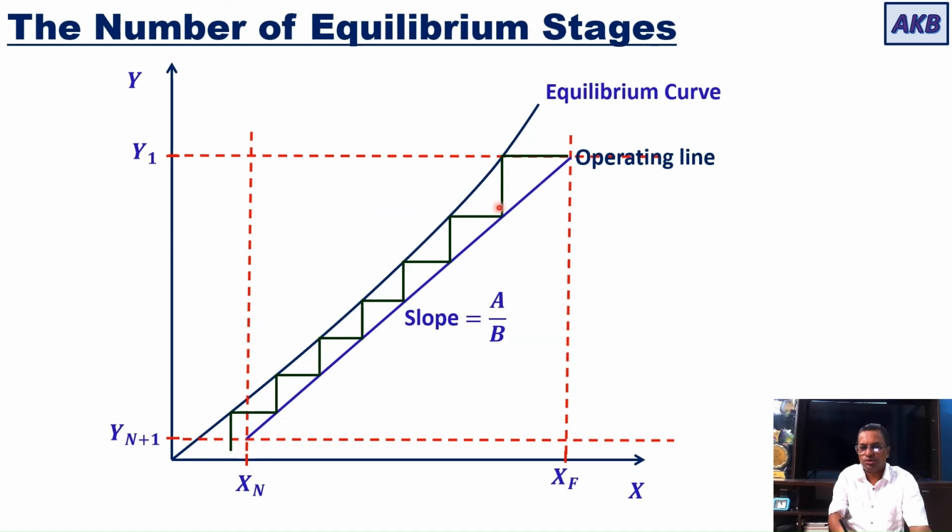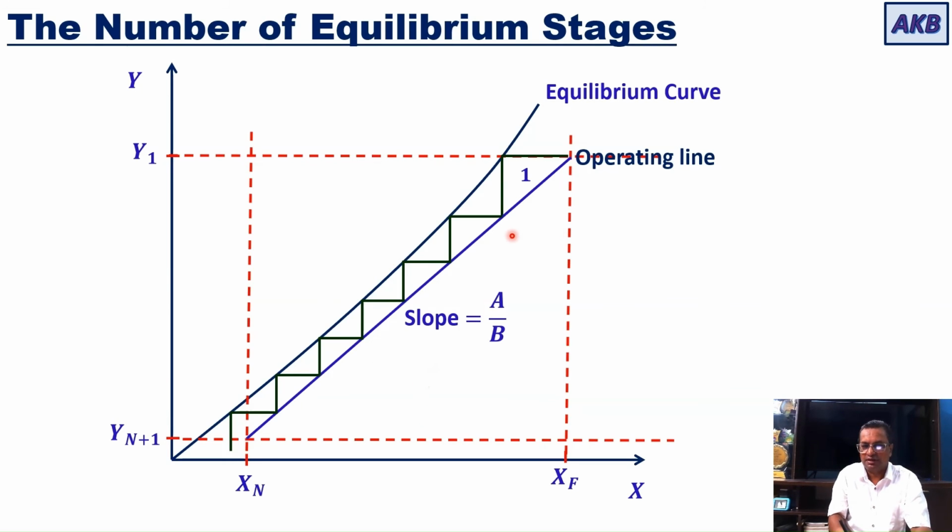So you are going to draw these triangles till xn is crossed. And the number of triangles that you draw in this process represents the number of equilibrium stages that are to be used in the multi-stage countercurrent liquid extraction operation.